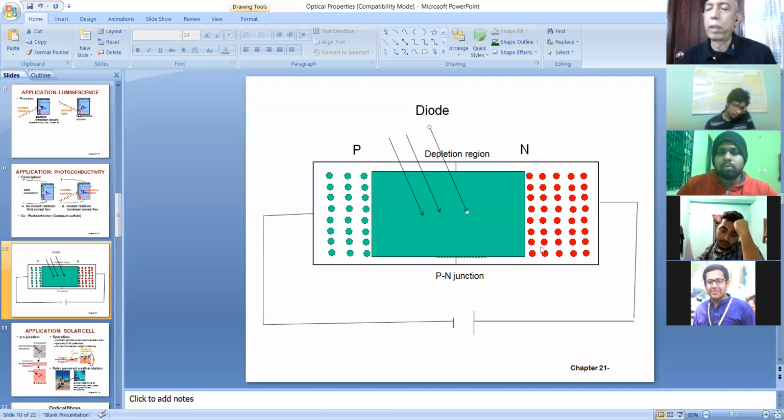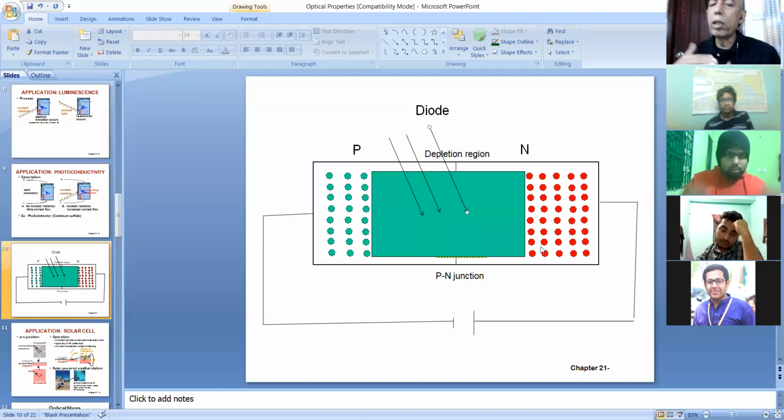The band gap of silicon is 1.1 electron volt, and the energy of sunlight is 1.8 to 3.2 electron volt. So what will happen?